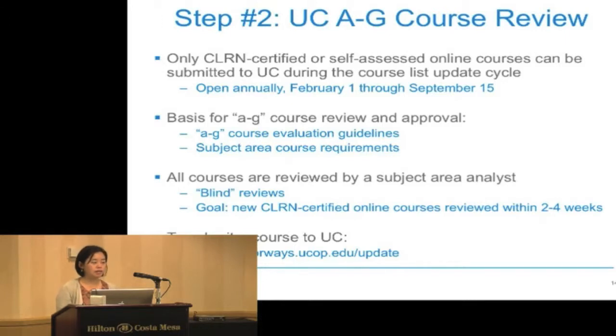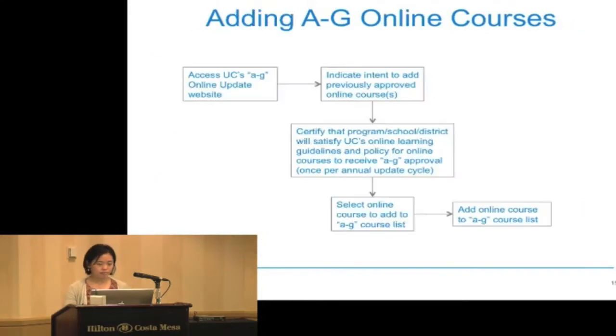So if CLRN's already conducting some of that review process, our analysts aren't going to have to worry so much about whether the content is there or not. It helps our review process. It doesn't replace it, but it certainly facilitates the speediness that we can offer.